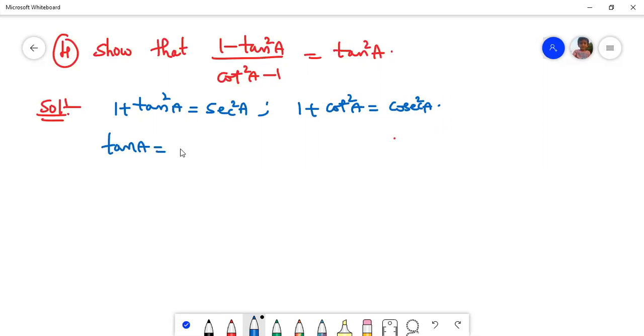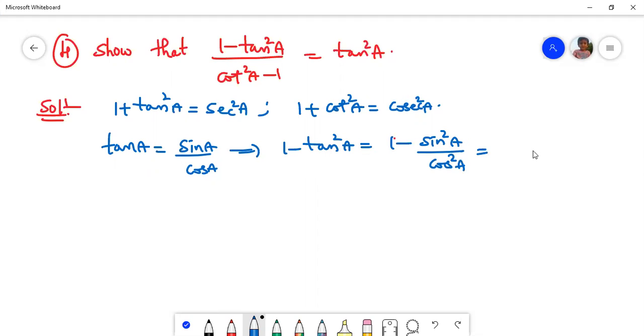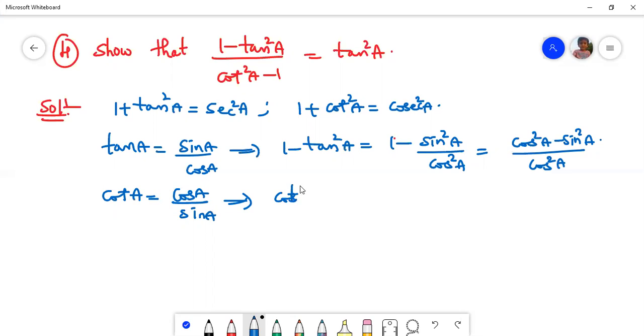Just take the ratios: tan A equals sin A by cos A. From this, 1 minus tan square A equals 1 minus sin square A by cos square A. It is equal to, taking the LCM, cos square A minus sin square A upon cos square A. The same way we can take cot A equals cos A by sin A. From this, cot square A minus 1 equals cos square A by sin square A minus 1.